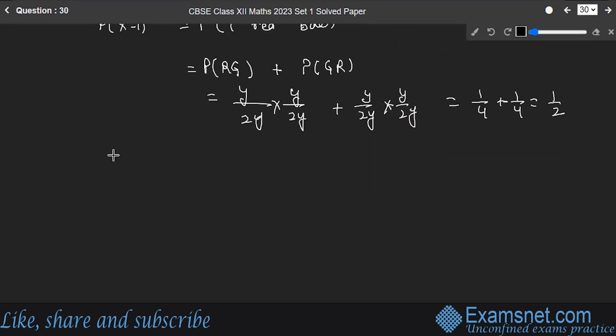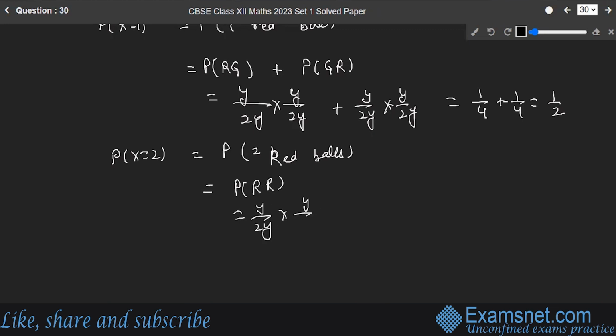Now the probability that you withdraw both the balls red, that is x equal to 2, the probability of two red balls is equal to y upon 2y multiplied by y upon 2y, which is 1 by 4.